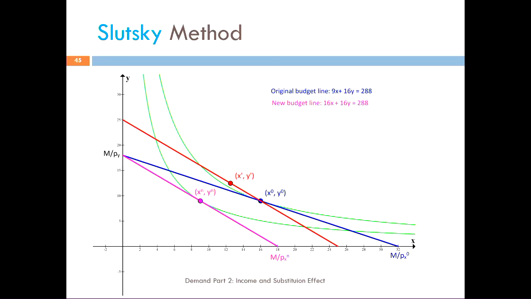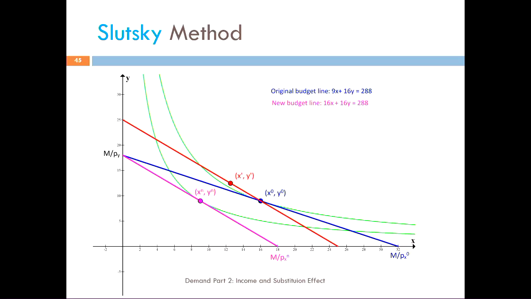But it's going through the original bundle, X naught, Y naught, because we're giving them just enough income so they can just afford to buy the original bundle. Okay? So that's Slutsky's definition of keeping real income constant, that you have enough income to afford the original bundle that you bought originally at the old prices.